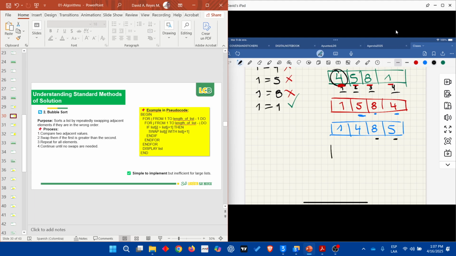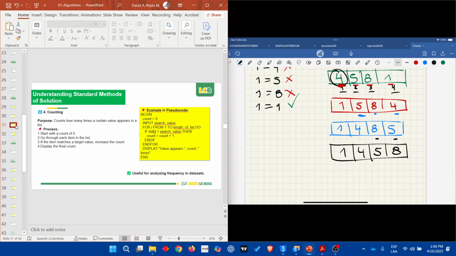Yes. So we are going to swap them. And there we have the information sorted, just following the algorithm that you have on the left part of the screen.